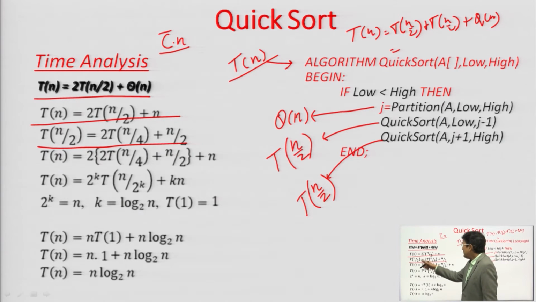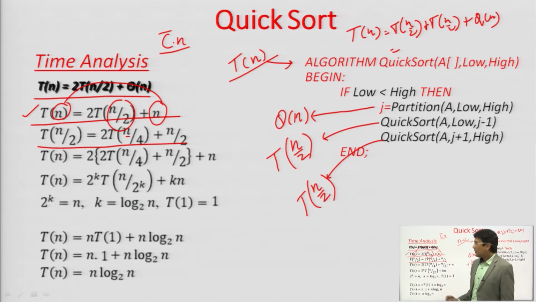So, this recurrence can be written, for T(n/2), as 2T(n/4) plus n by 2. So, what is happening, you understand with this expression, that if here we have n, here we have half of the array, and this value is the same as this one. Similarly, for T(n/2), this value has been halved, and then this value and this value are the same.